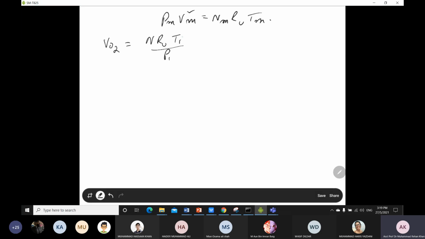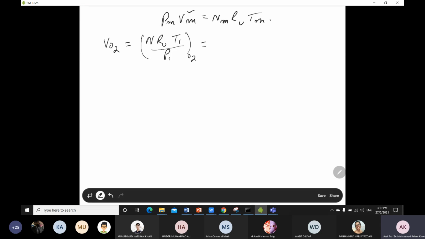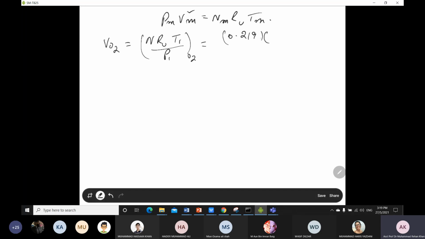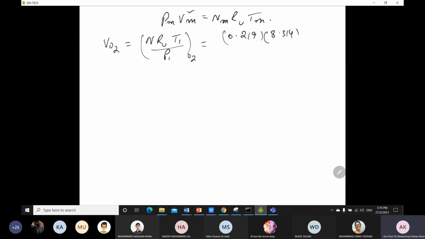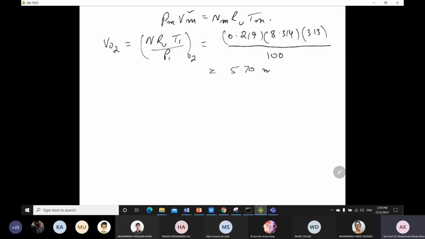The number of moles of O2 is known from the previous part, which is 0.219, and Ru is equal to 8.314, and T1 is 313 Kelvin, which is mentioned in your question. And P1 is also mentioned in the question, which is 100 kilopascal for the O2. If you solve it, you will get 5.70 meter cube.